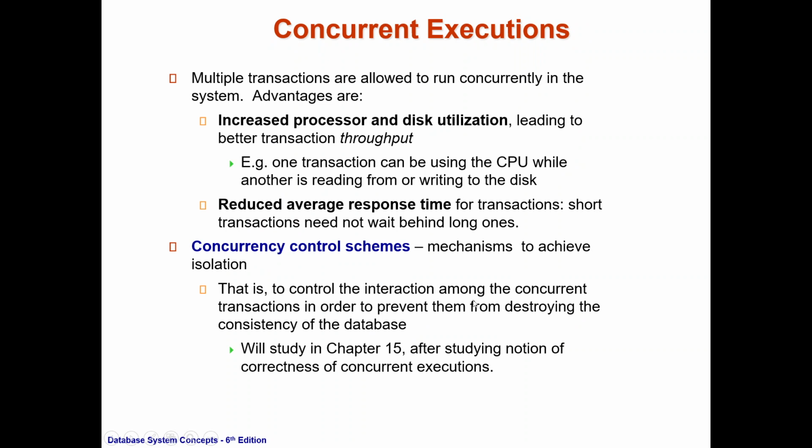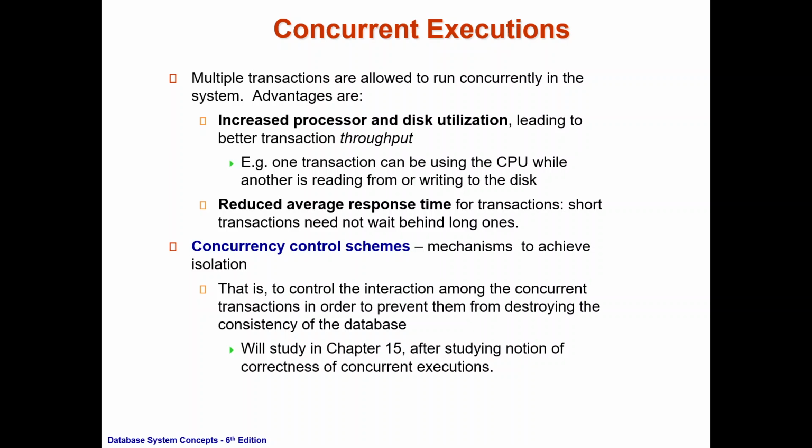Fine. Then we go for concurrent execution. What is concurrent execution? Multiple transactions are allowed to run concurrently at the same instant of time. So what are the advantages? It increases the processor and disk utilization, meaning more processes can be handled in a single processor.